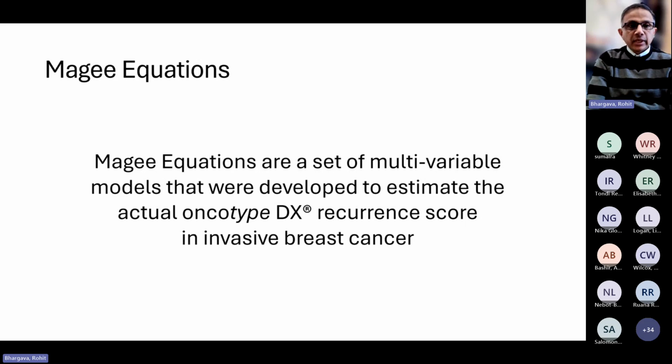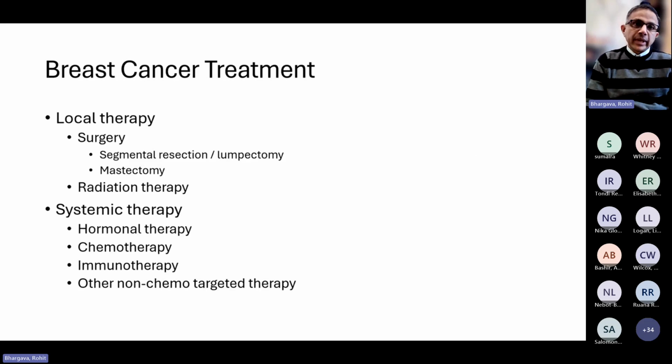But before I begin, I want to provide some background about breast cancer treatment and some historical perspective. As you know, breast cancer is a systemic disease, and it's often treated with multimodality therapy. Surgery and radiation are used as local therapy, and every breast cancer patient is offered some form of systemic therapy.